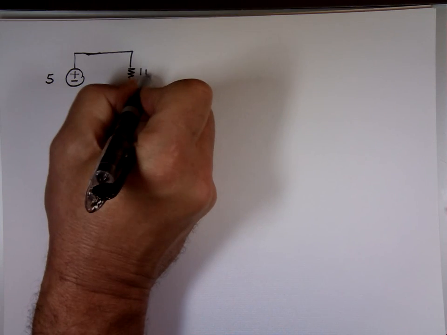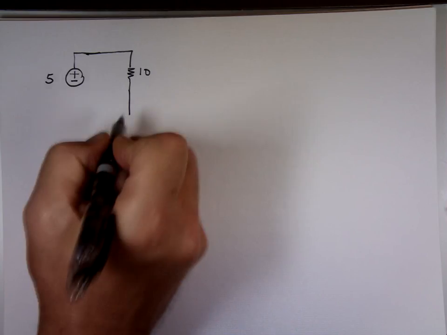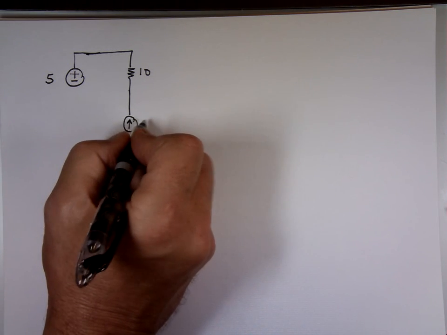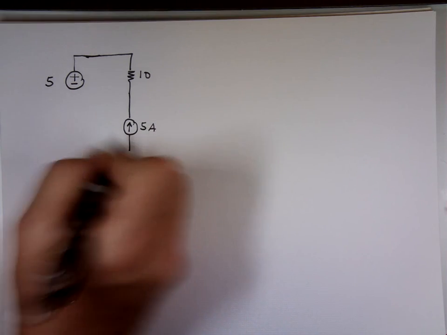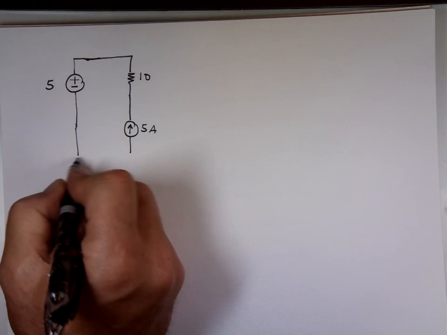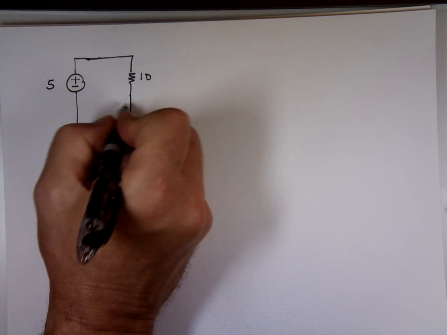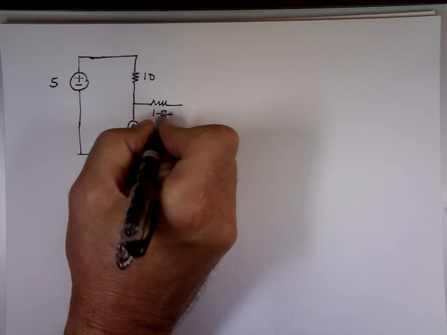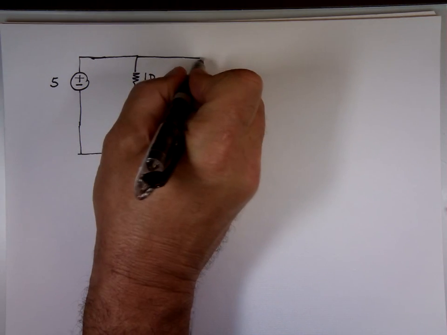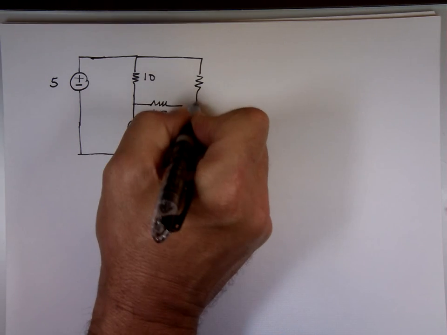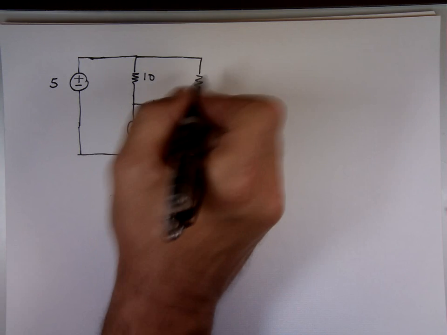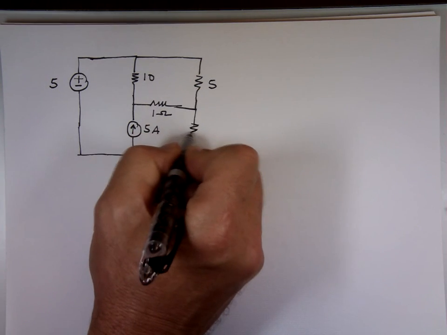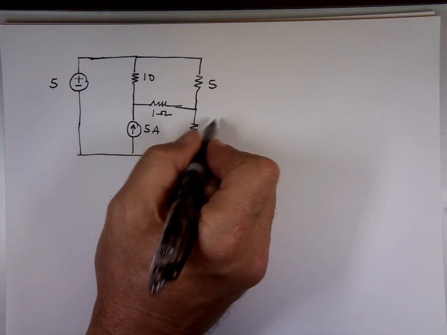We have 5 amps. We have 1 ohm. Five. This is 4. And this is 17.